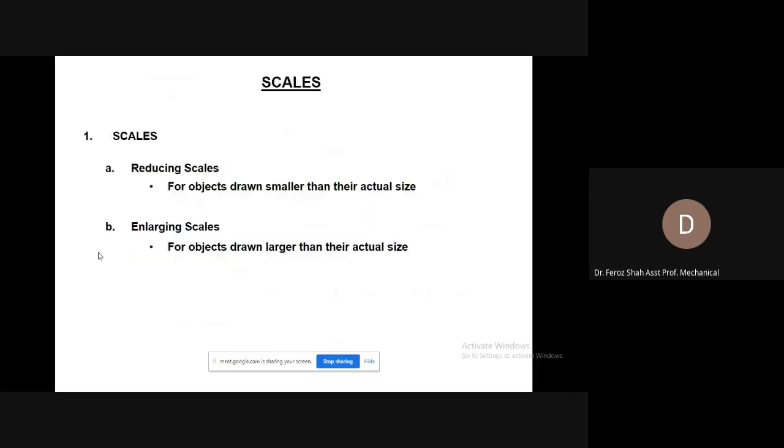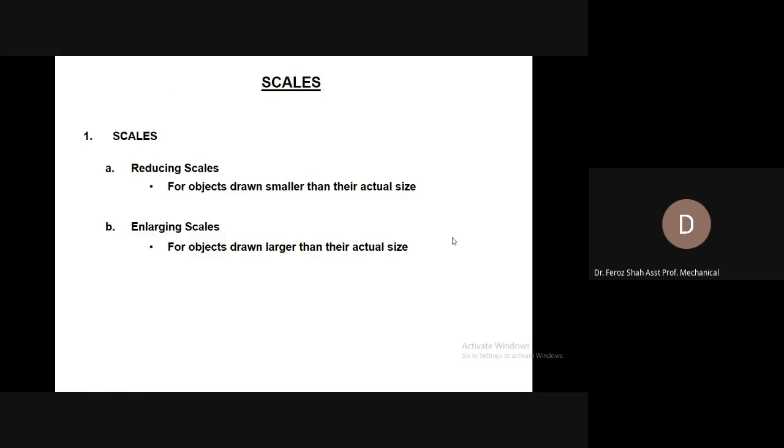Bismillahir Rahmanir Rahim. Scales. In our today's lecture, we are going to study about different scales used in engineering drawing. So, the scale could also be used for reducing the size of an object, which could be quite larger as compared to the space available on your drawing sheet.